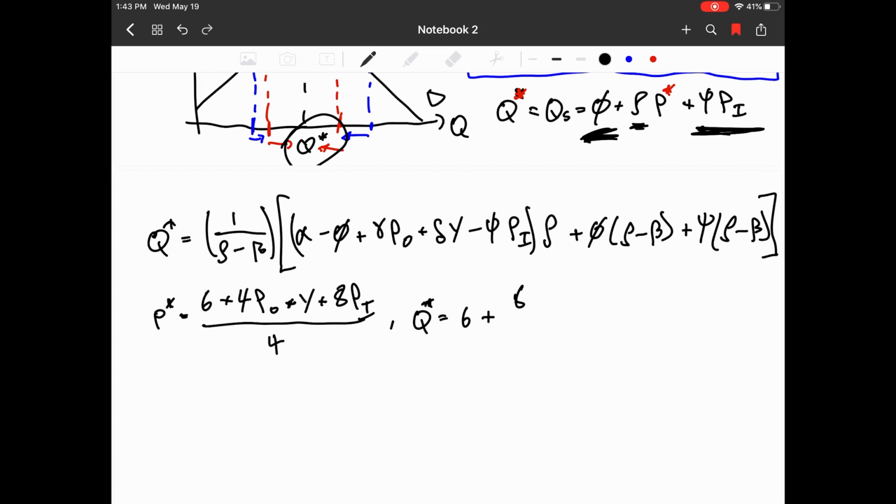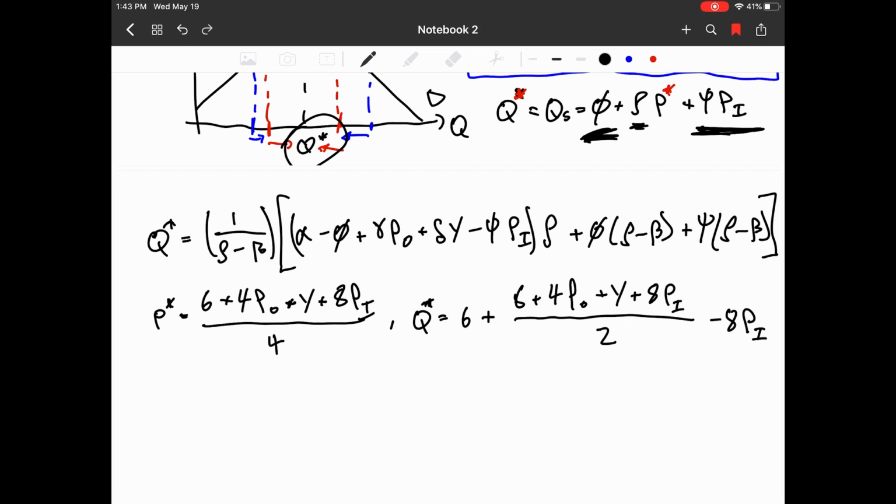So we have 6 plus 4p0 plus y plus 8 pi all over 2, which eliminates the 2 coming from the rho and reduces the denominator to 2. And then we have negative 8 pi.